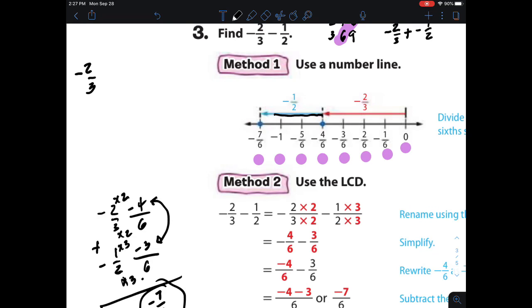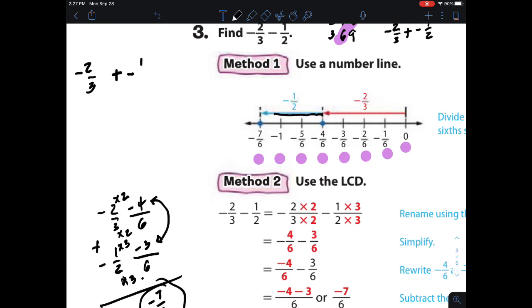Okay, again, when we're subtracting, we're adding its opposite, so it's basically the same as negative plus negative 1/2. Again, we multiply with the opposite denominator. So we multiply this with 2 over 2, and we multiply this with 3 over 3.